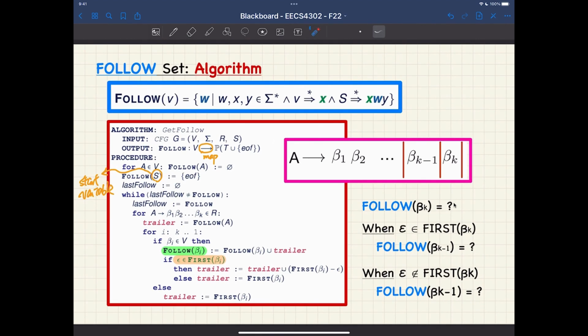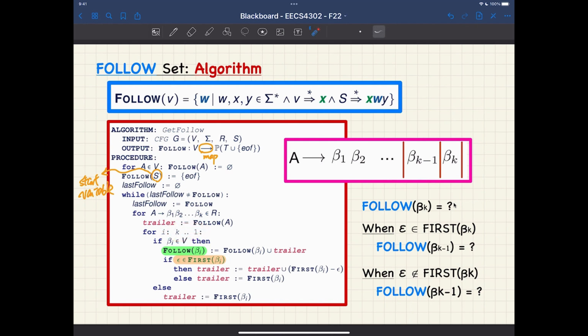That means for every rule that we have over here, unlike the first set, in which case we calculate from here, and then maybe we have to keep accumulating if they are nullable, now we go backwards over here. So we start with beta k with something. And then if this is nullable, we have to accumulate it and include it as a follow for the previous one, and so on. So we're going in this direction. That's why you see k down to 1.